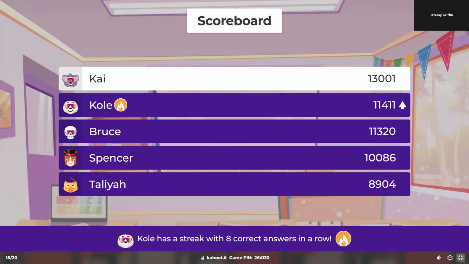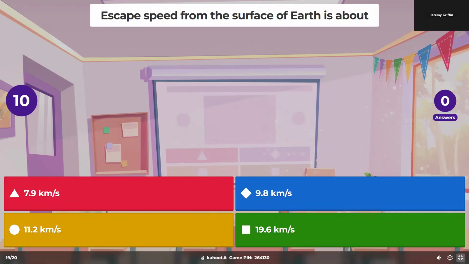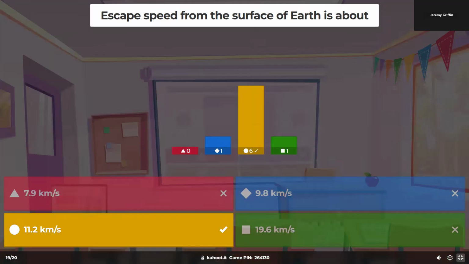Talia, Spencer, Bruce, Cole, Kai. Escape speed from the surface of the Earth. Some of you followed that earlier. I mentioned that earlier, about 11.2 kilometers per second.